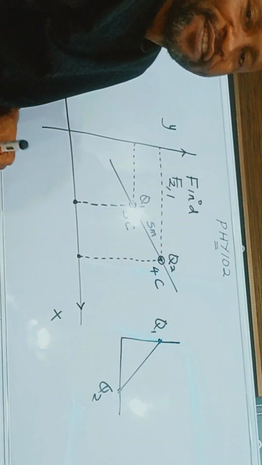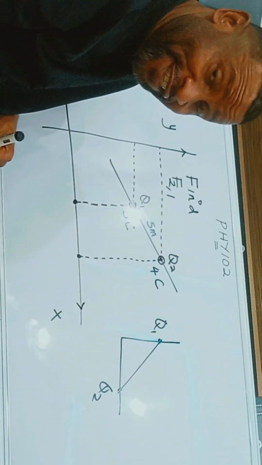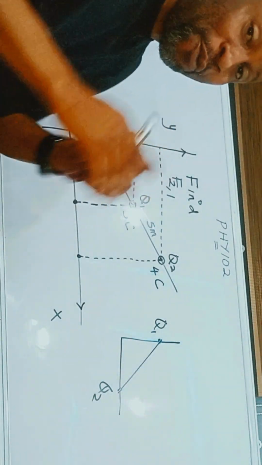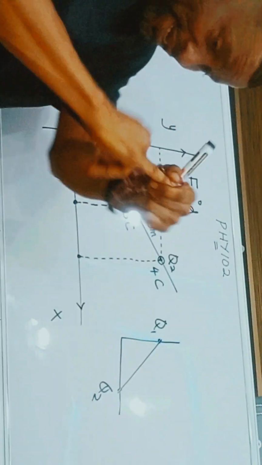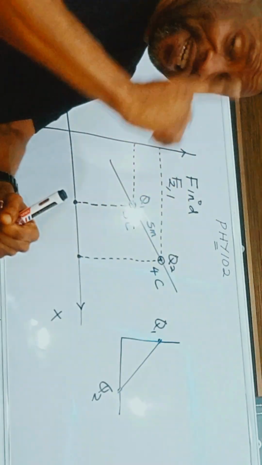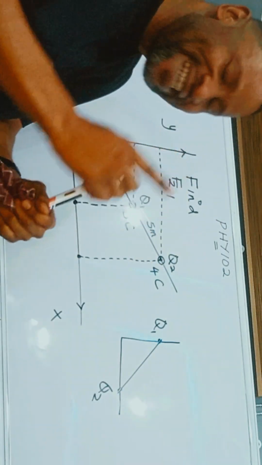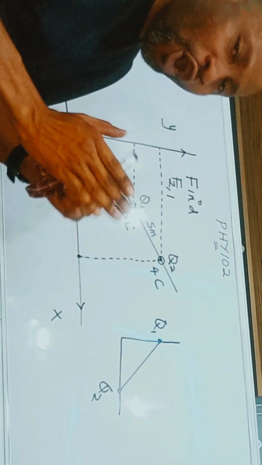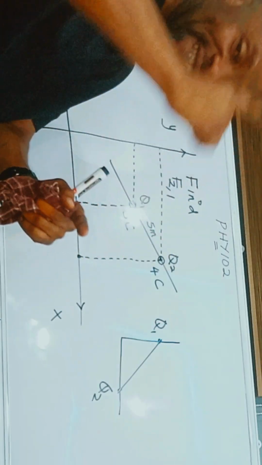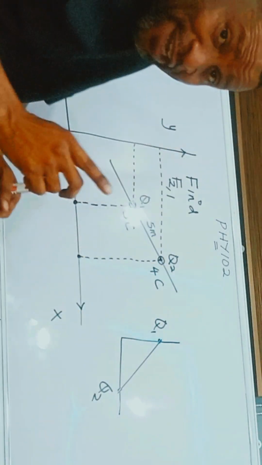This is a coordinate system. Do you understand? All right. Now, we talk about charges in a coordinate system when, number one, the charges are located in a single straight line, but that line is inclined, or the charges are located in more than one straight line, like you see here now.